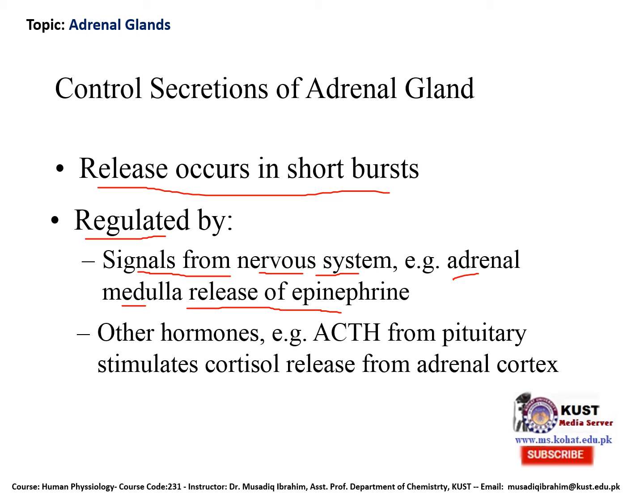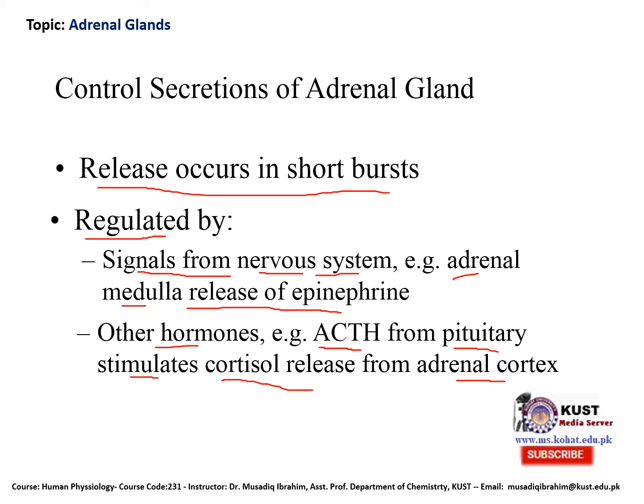Now, other hormones also regulate the secretions from the adrenal gland. For example, the ACTH, which is adrenocorticotropic hormone, is released by the pituitary gland. That stimulates the cortisol release from the adrenal gland.